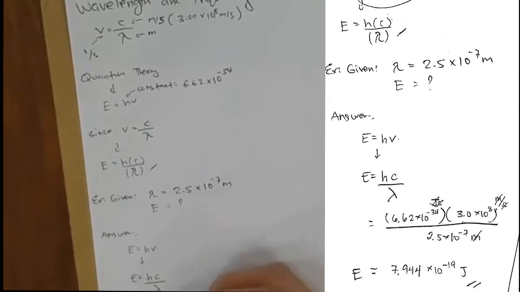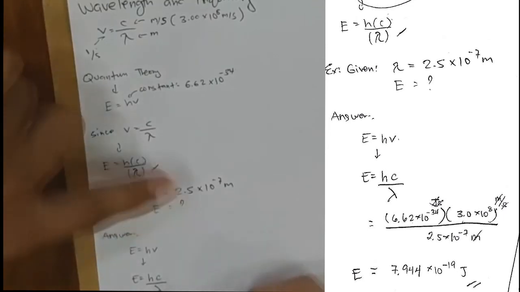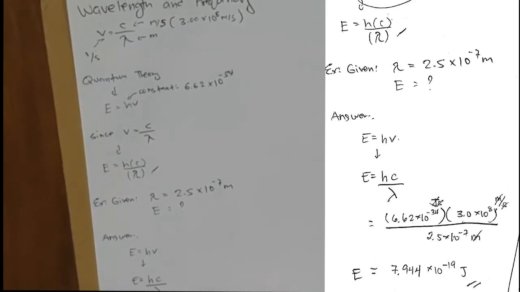So by using H, Planck's constant, and speed of light, over our wavelength, which is here, 2.5 times 10 to the negative 7 meters.